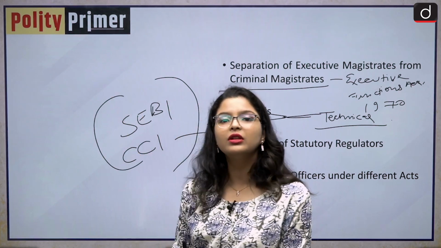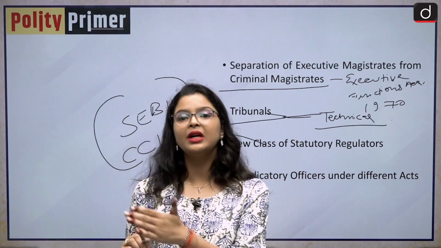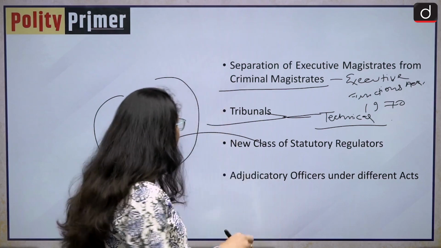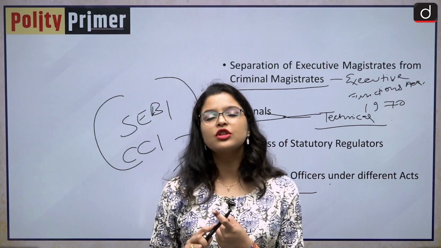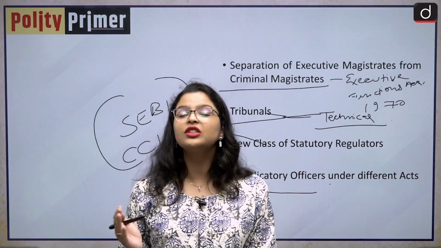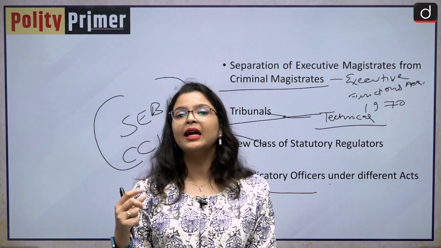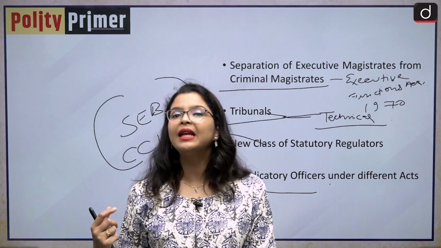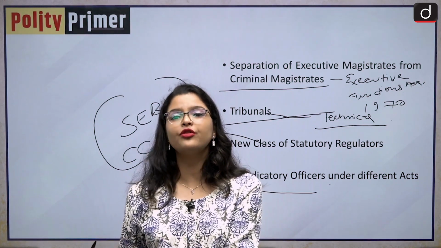So although they are imposing penalties, they are being headed by whom? The senior bureaucrats. Then there are adjudicatory officers under different acts such as the Prevention of Money Laundering Act, the IT Act, etc. Even under the Jan Vishwas Act, the officer who will be conducting an inquiry and imposing a penalty will be an adjudicatory officer.